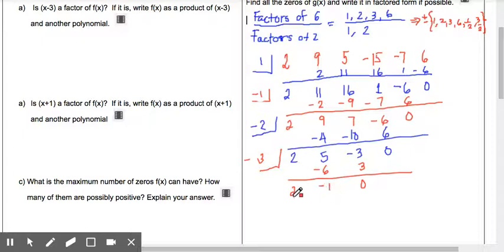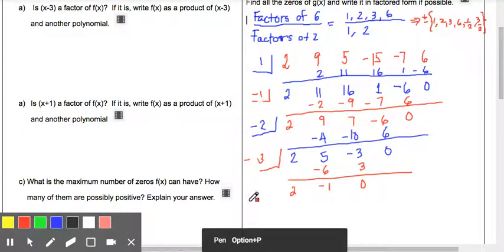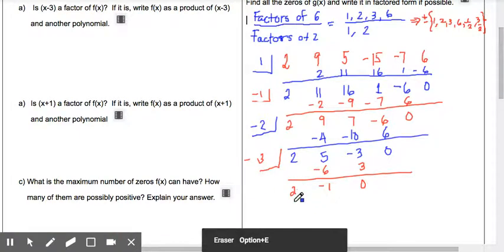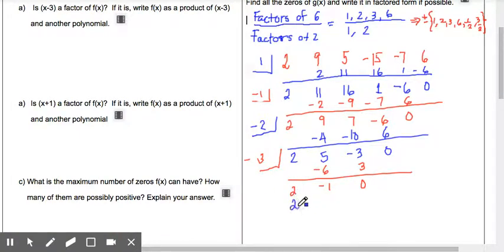Now we notice that the last numbers that we have here, we have only 3 numbers, where the third is 0. That means that this is giving us the coefficients of a linear factor. So from here, we take the 2 and make that the coefficient of x. So now we have 2x minus 1 equals 0.